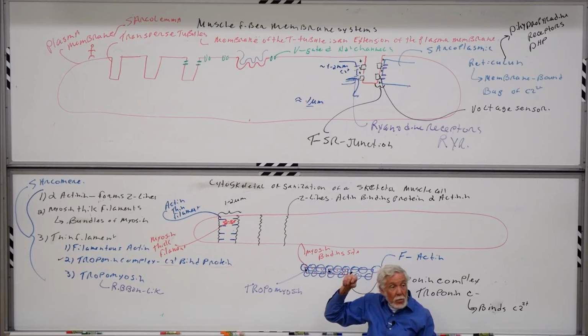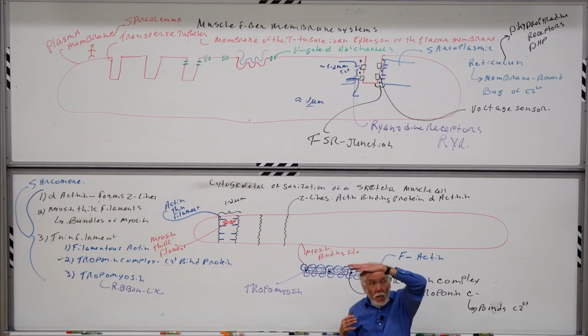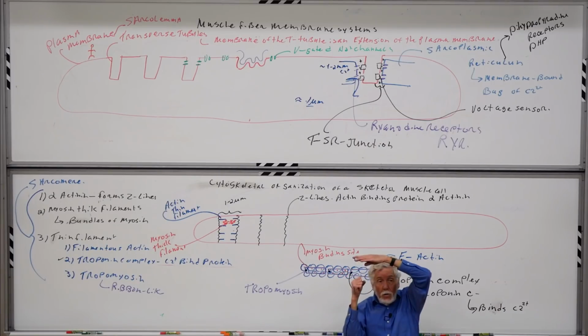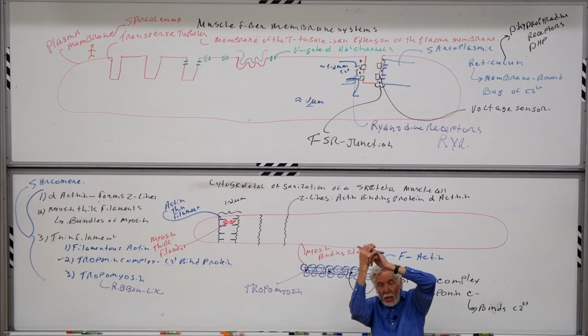So now calcium, which has been released from the sarcoplasmic reticulum, can bind to this molecule of troponin. When calcium binds the troponin, the tropomyosin moves out of the way, and it exposes the myosin binding site on the actin.